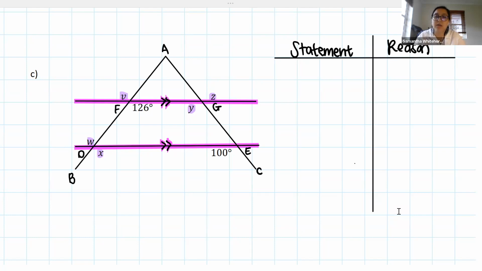And guys, remember your parallel line reasons have to involve both parallel lines. You can't only use one parallel line when looking for an F shape or a U shape or a Z shape or anything. It has to involve both of them.